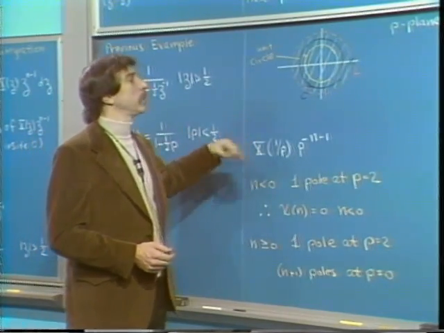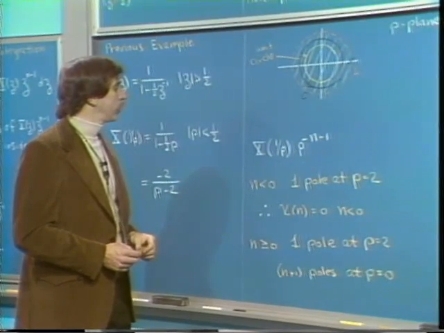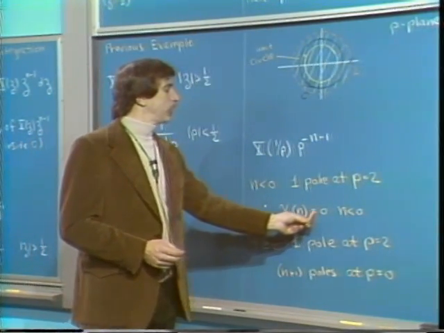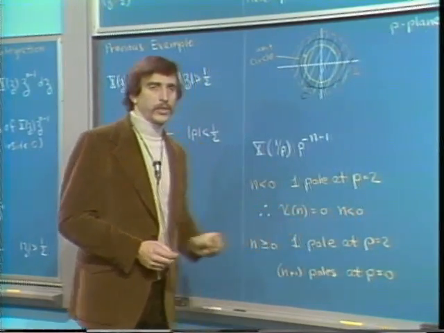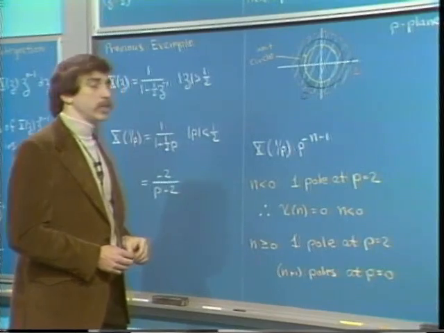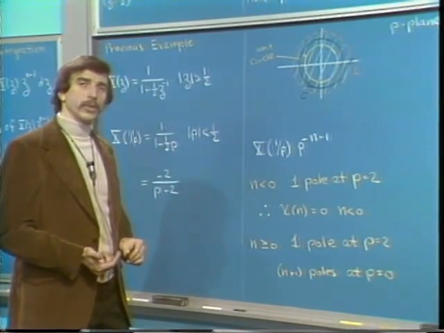So consequently, the answer that we get, which we finally know to be the right answer, is that x of n is equal to 0 for n less than 0. And as we worked out before, x of n is equal to a half to the n for n greater than or equal to 0.